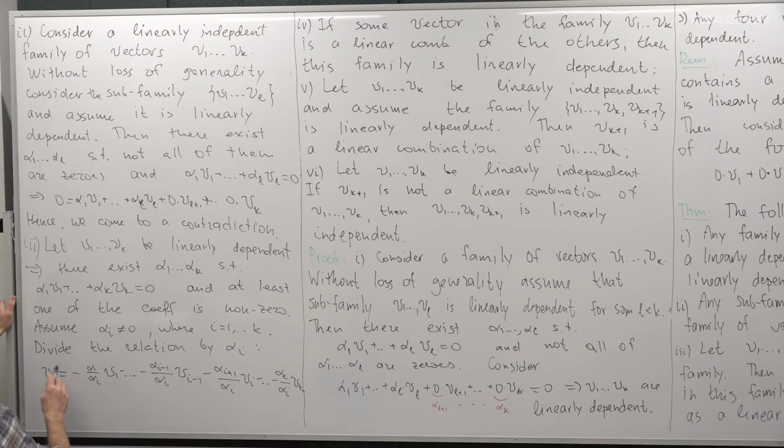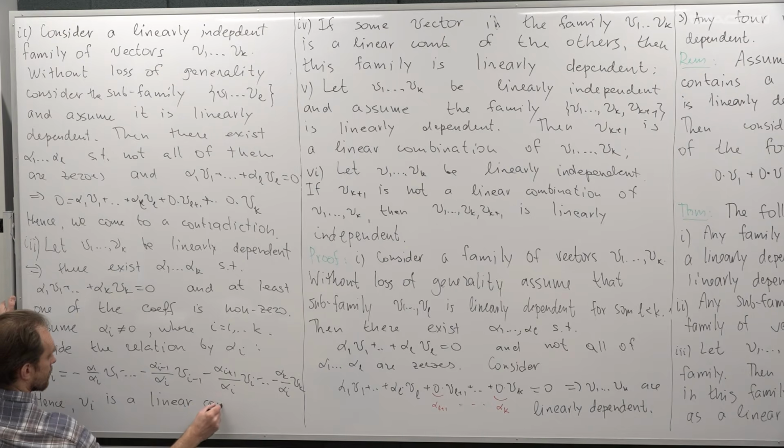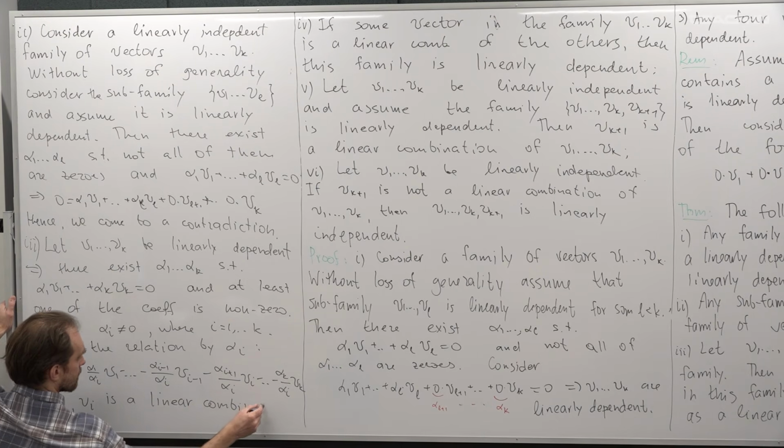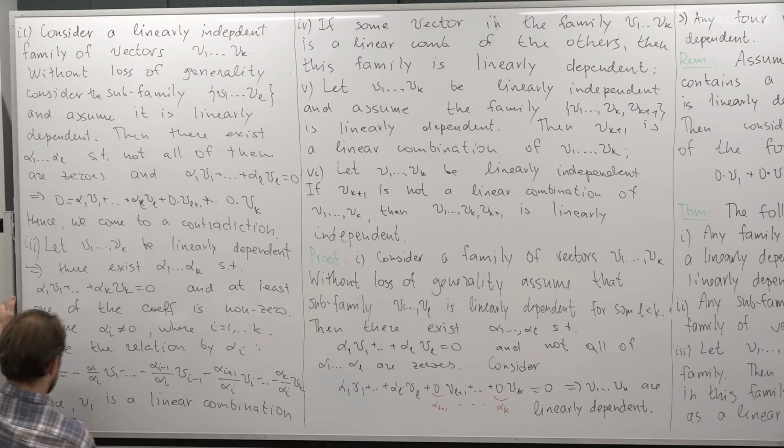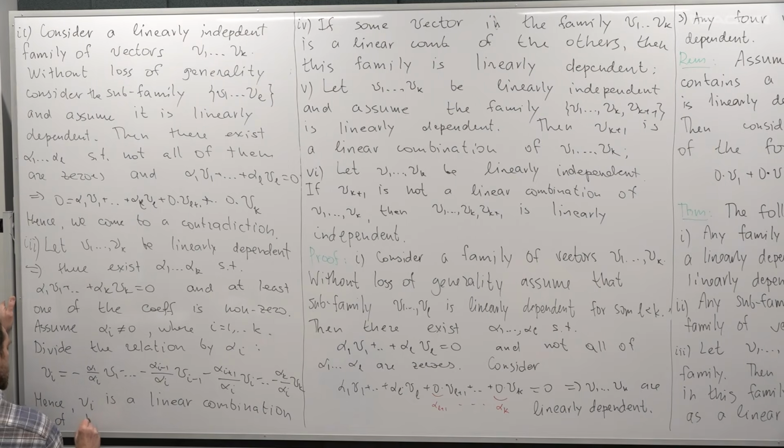So I just divide by alpha I and move everything to the right hand side, so we get this relation, and hence Vi is a linear combination of the others.